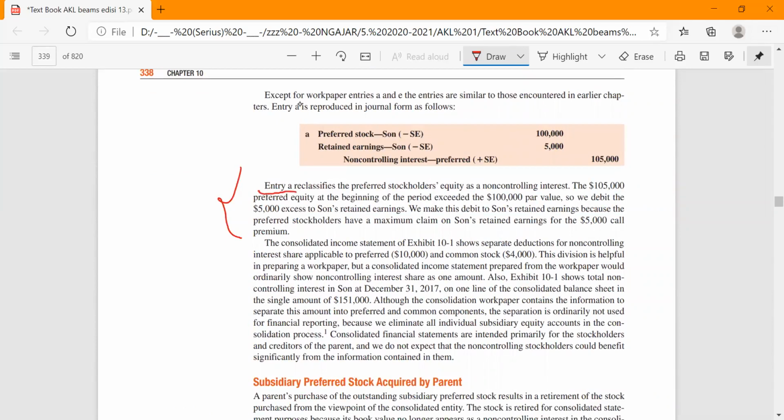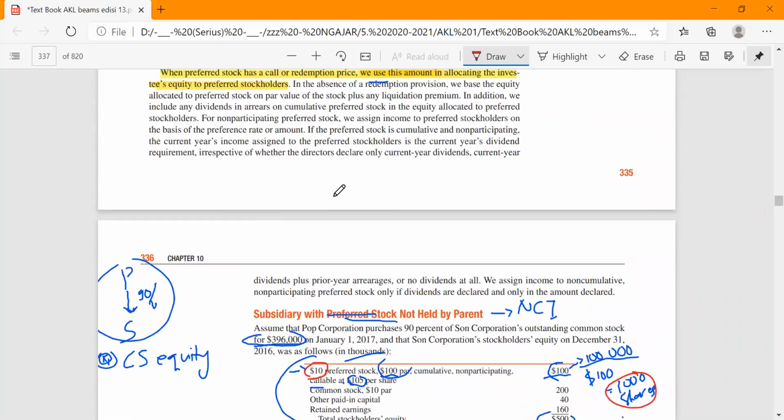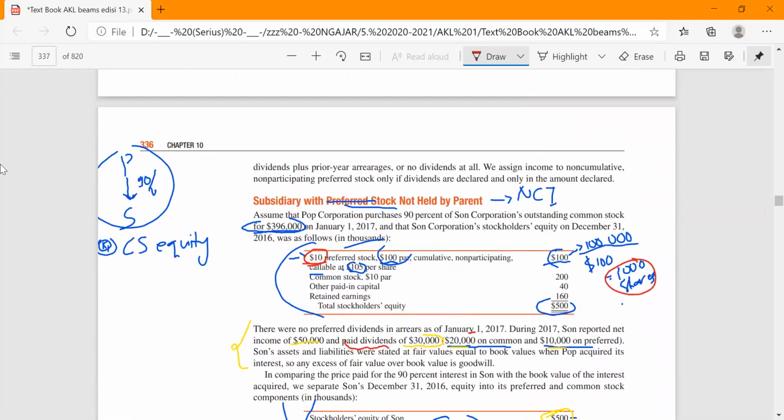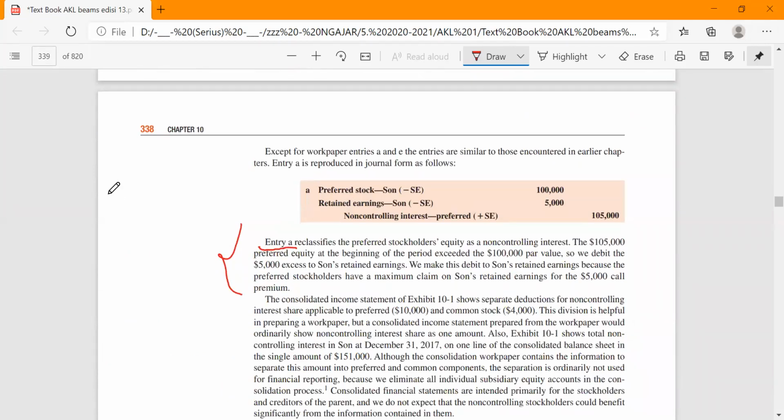The entry I, A, reclassifies the preferred stockholders' equity as an NCI. Because the par value of the preferred stock, which is stated here, is $10, it means the preferred stock of S is this number times shares.